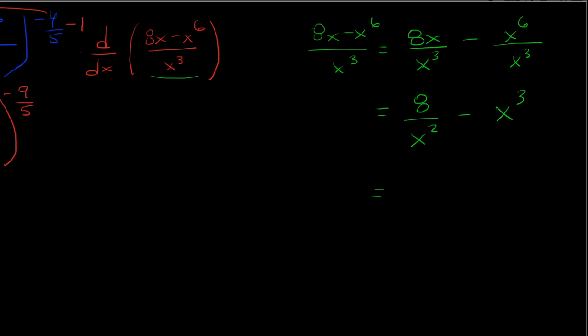I'm going to take it a step further and rewrite 1 over x squared as x to the negative second power. And now taking the derivative, I'm going to bring down the exponent to get negative 16x to the negative 3 minus 3x squared. And that's going to go in place of the derivative.